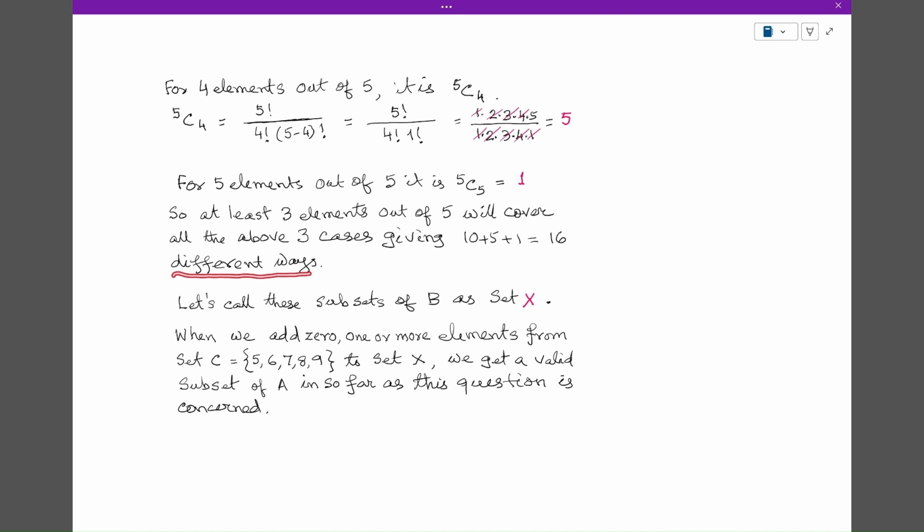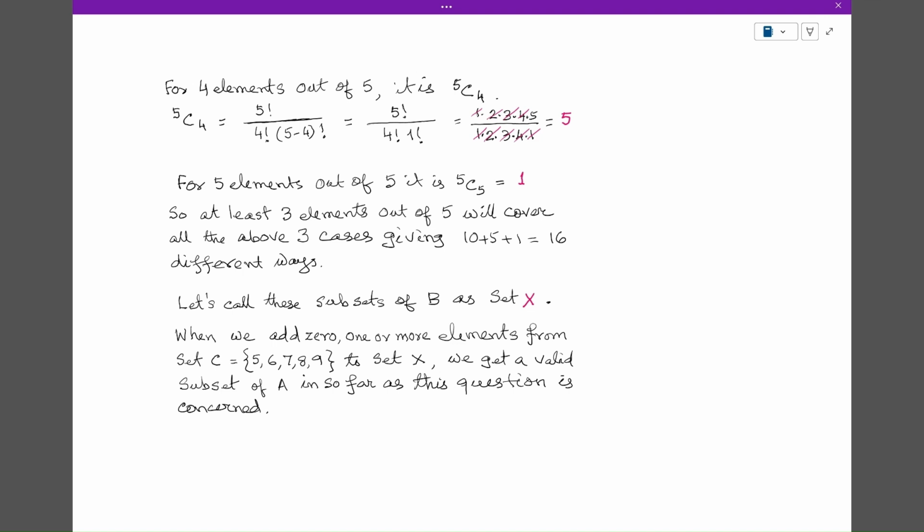There are 10 different ways for 3 objects, 5 different ways for 4 objects, and 1 way for 5 objects to be selected out of 5 at one time. So the total of such things is 16. Let us call these subsets of B as set X.